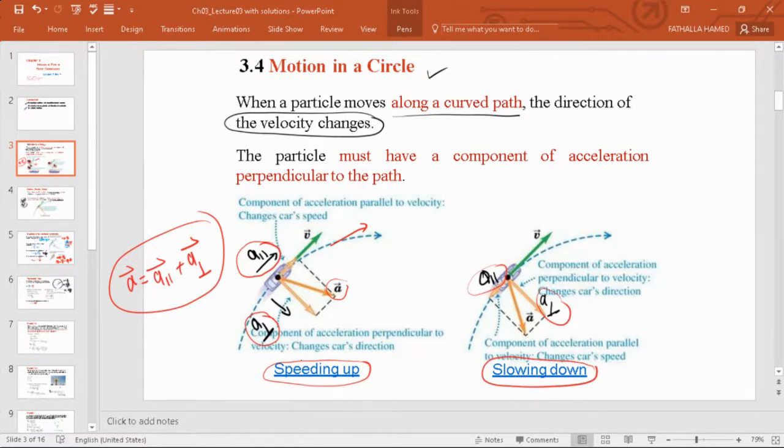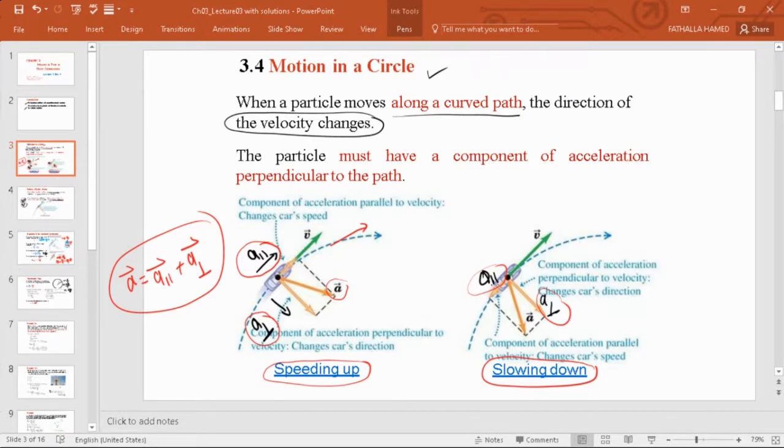So while you're speeding up or while you are slowing down, the perpendicular component of your acceleration always points toward the center of the curvature, and it is responsible for changing the direction of your velocity.